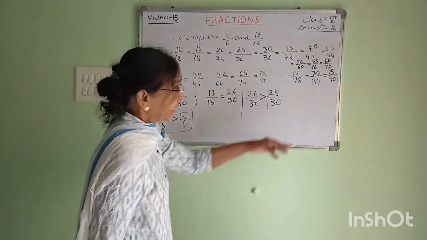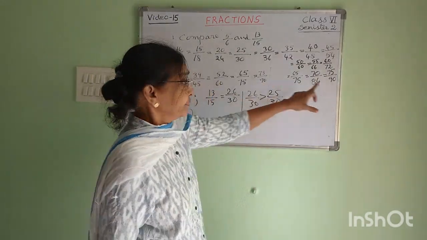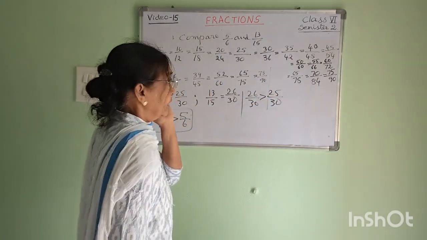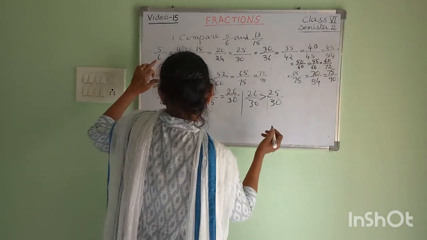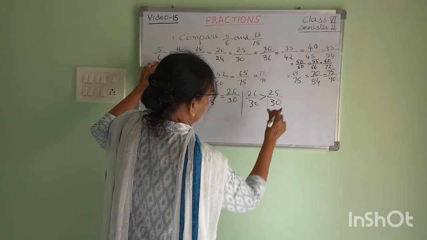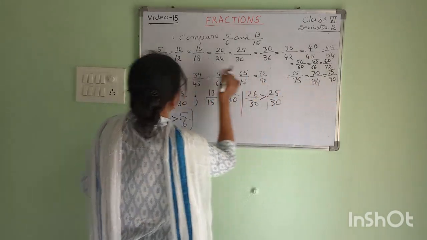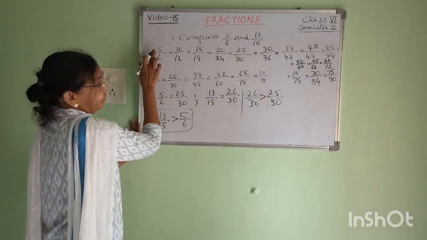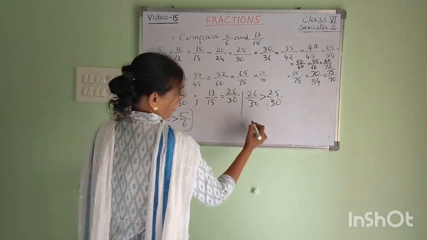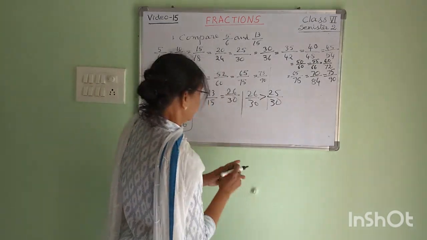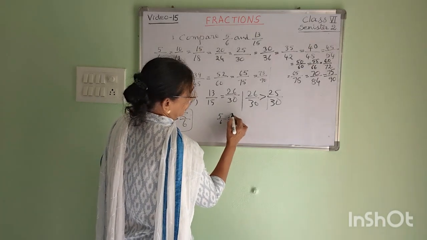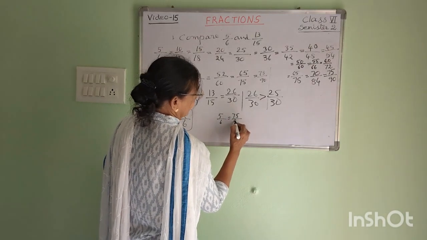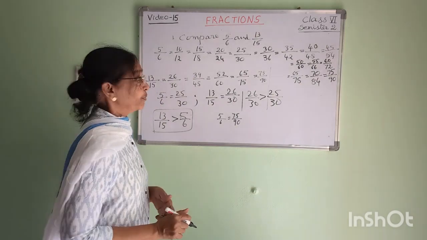But here 90 is also the same denominator. Therefore 75 by 90 is an equivalent fraction of 5 by 6. 5 by 6 is also equivalent to 75 by 90.